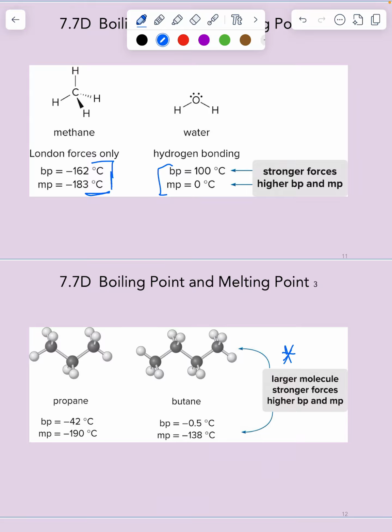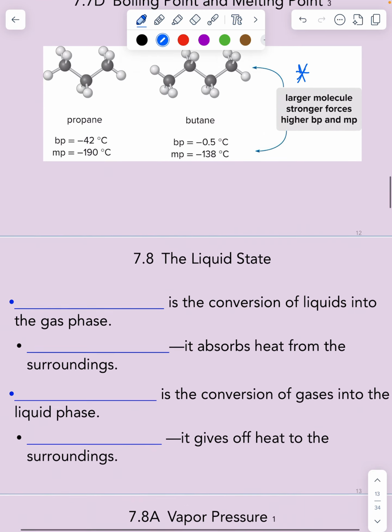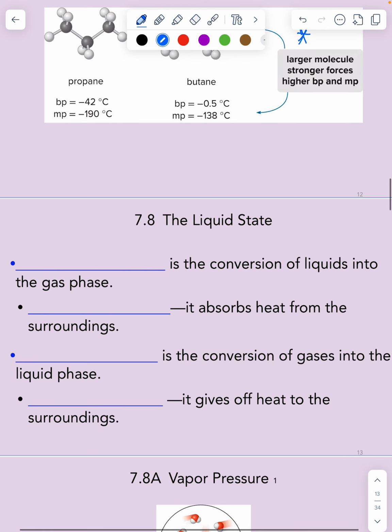And we can see that reflected here in the numbers. So we've talked about melting and boiling. There's also some different terms that we can apply here. So evaporation is a conversion of liquid into gas.